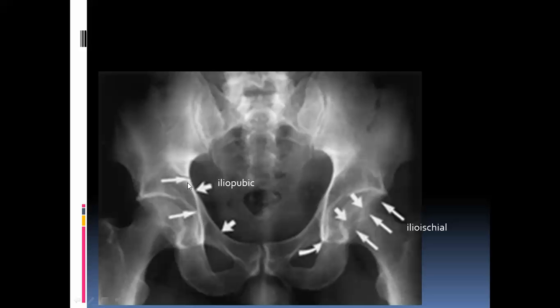This line is representing the iliopubic, and this line is the acetabulum with the acetabular fossa. So we have the iliopubic line and the ilioischial line.